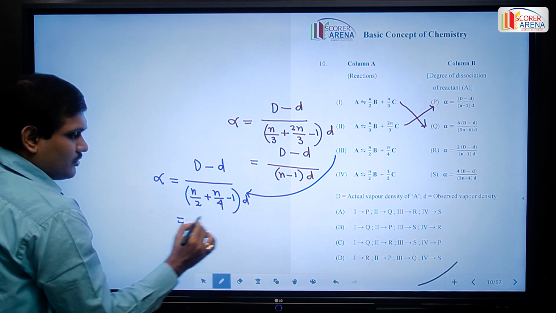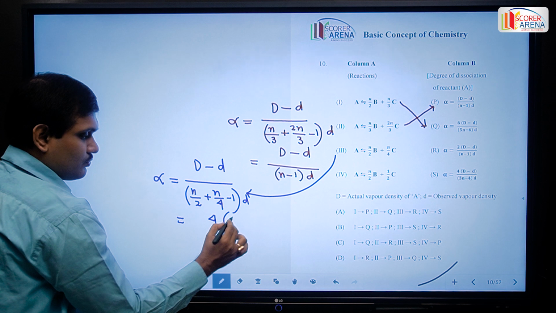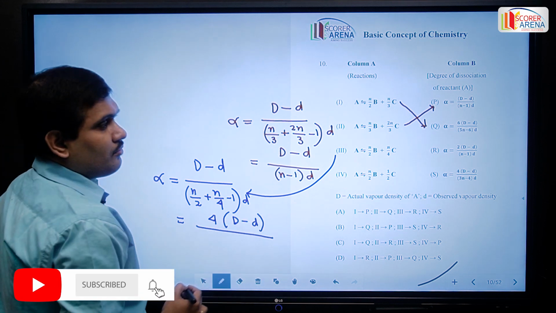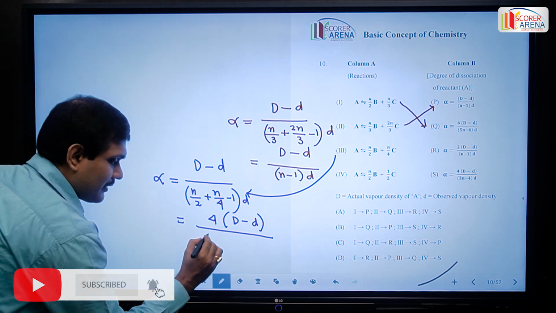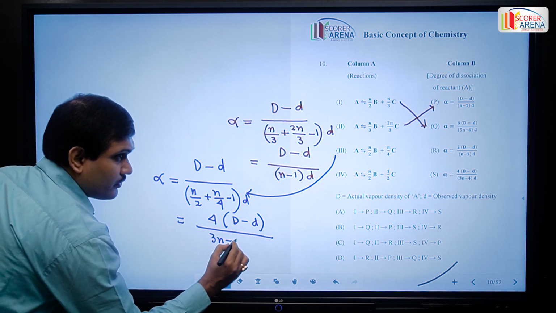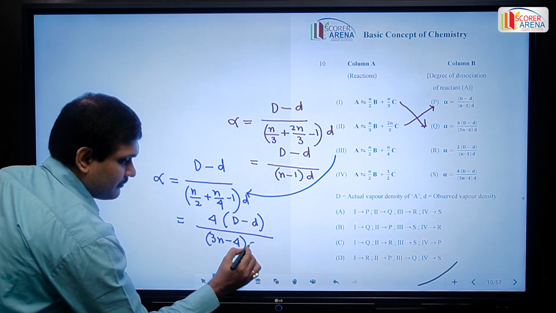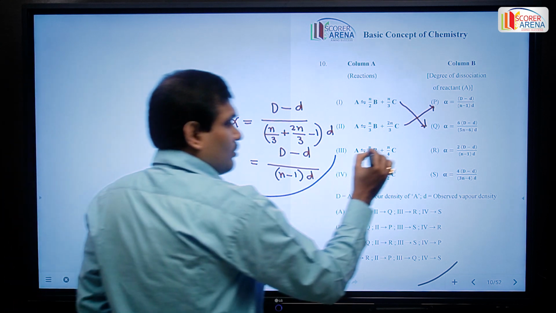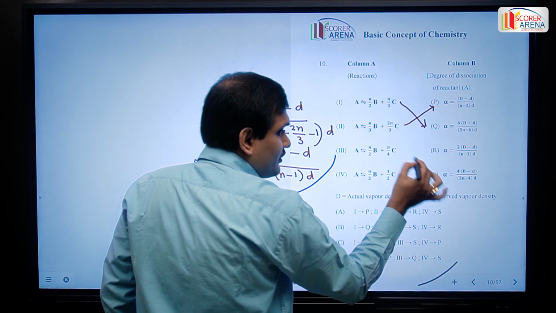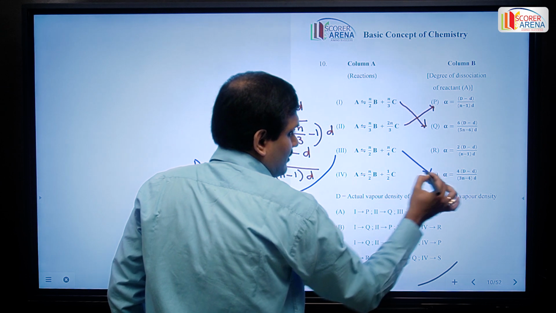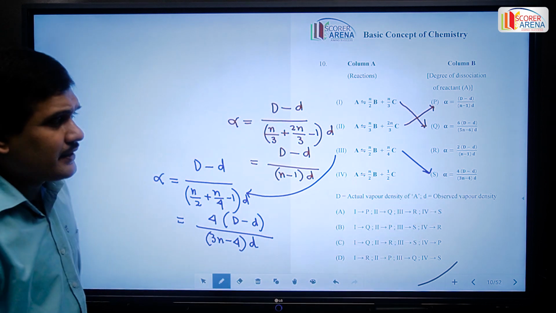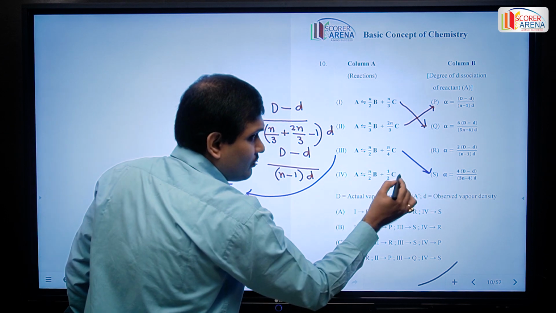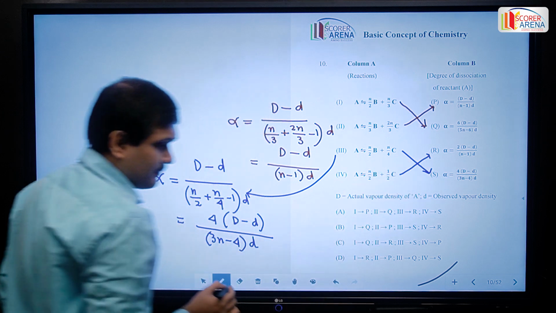Simplify it, it will be 4 into D minus d by (3n minus 4) into d. And by the same way, option A3 relates with S. And by the same way, you can find out the last one, and the relation goes to R.